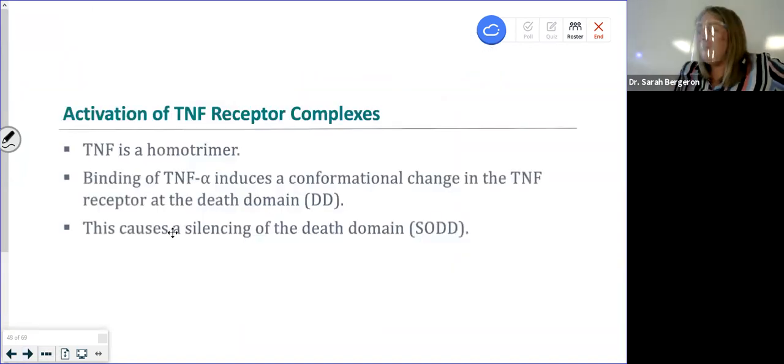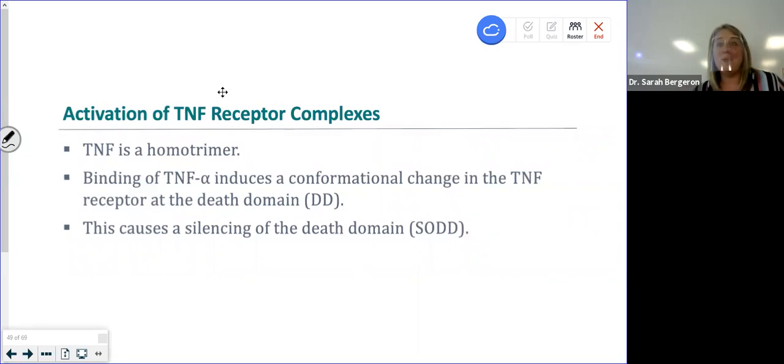So the TNF alpha is a homotrimer. So how many do you need to create an active receptor? 3, right? The receptor we call the TNF receptor. It binds tumor necrosis factor alpha, right? That's what the TNF stands for. And just like every other receptor, it induces a conformational change, every single one. It induces the change in the cytoplasmic portion of the receptor, which we call the death domain.